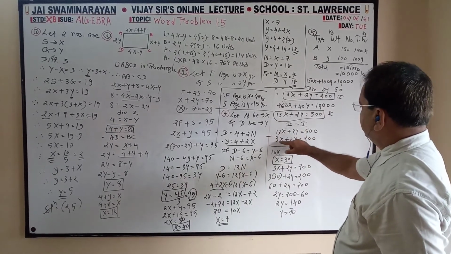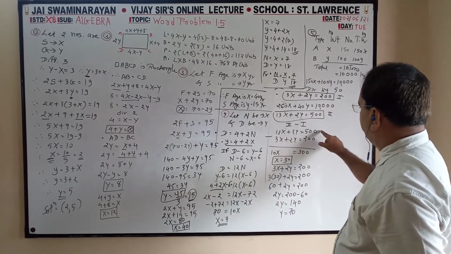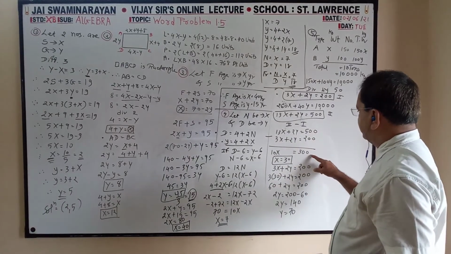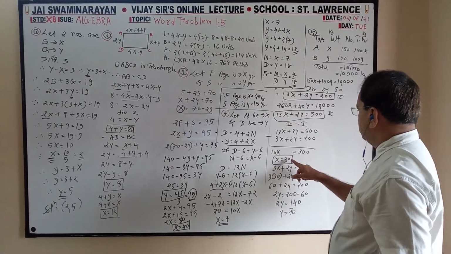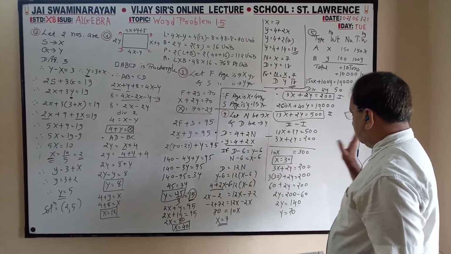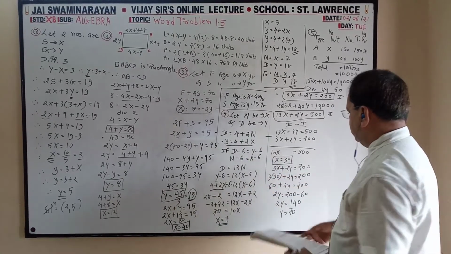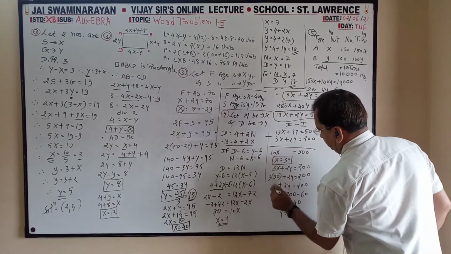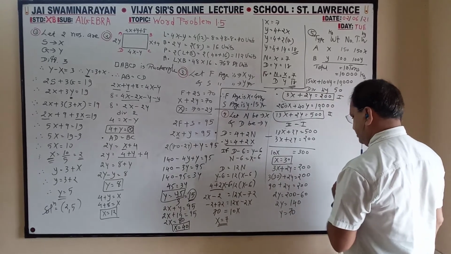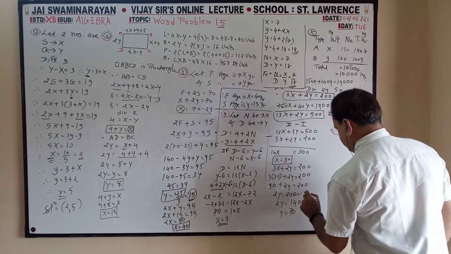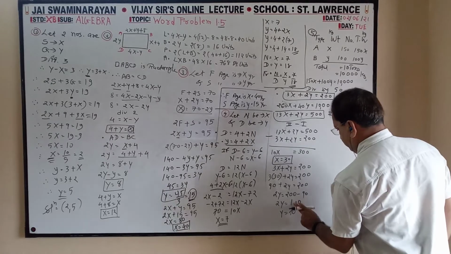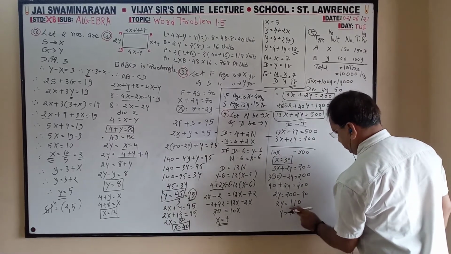So 13 minus 3, 10. 2y minus 2y, 0. 500 minus 200, 300. So x is equal to 30. 3 3s are 9. So it is 110. Half is 55.